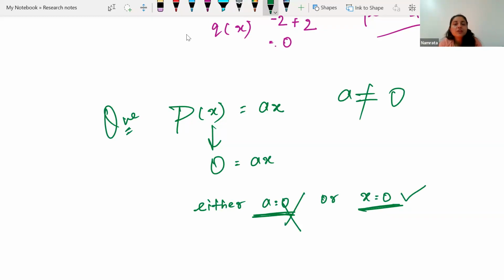Whenever we have to find the 0 of the polynomial, again I am repeating, px, qx, rx, fx, whatever is written on the left hand side, just write 0 at the place of that and solve the equation. By solving the equation, you will get a value of x, and that is called the 0 of the polynomial. Now, what is the meaning of the 0 of the polynomial? Such a value of x which will make the polynomial 0.